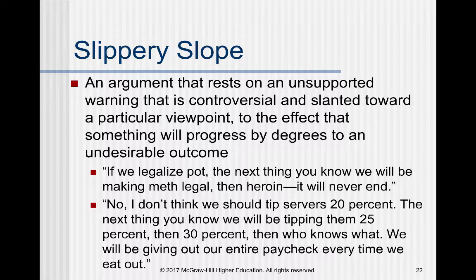It's a kind of scare tactic that attempts to get someone to oppose the supposed cause. In this example, if we legalize pot, the next thing you know we'll be making meth legal, then heroin. It will never end. The arguer says that legalizing pot will lead to the eventual legalization of all drugs, so we should oppose the legalization of pot. There's no evidence presented here, just a warning.